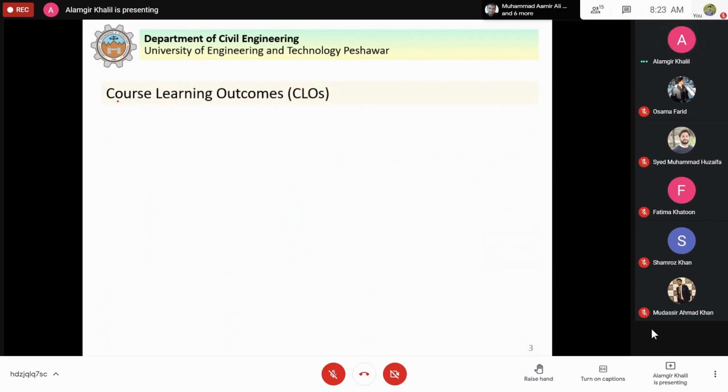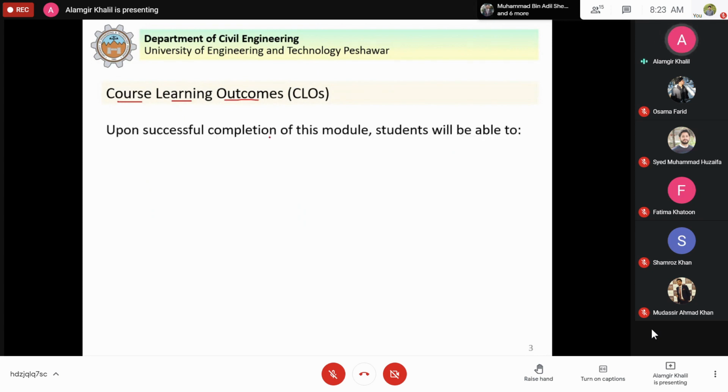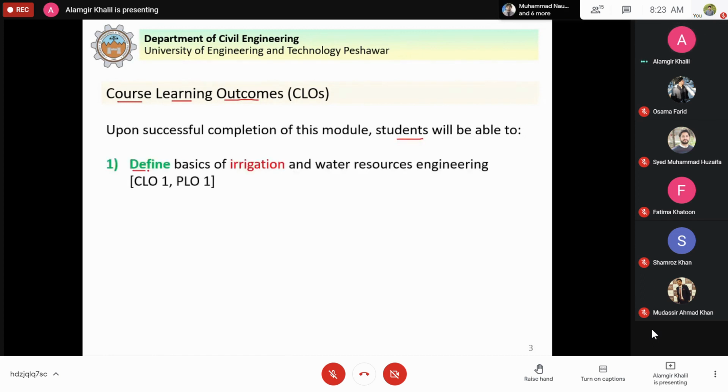Now, course learning outcomes, CLOs. Upon successful completion of this module, students will be able to define basics of irrigation and water resources engineering.